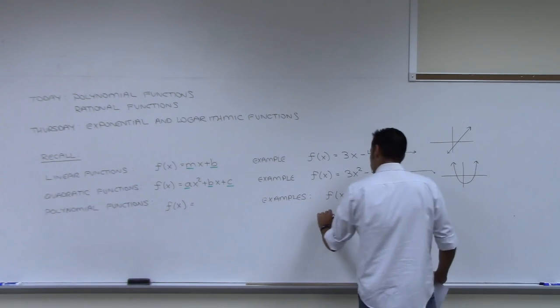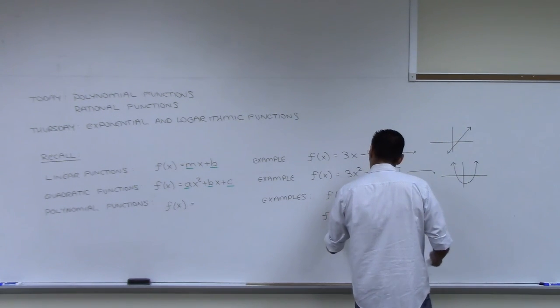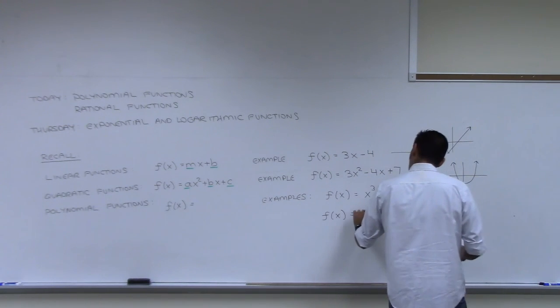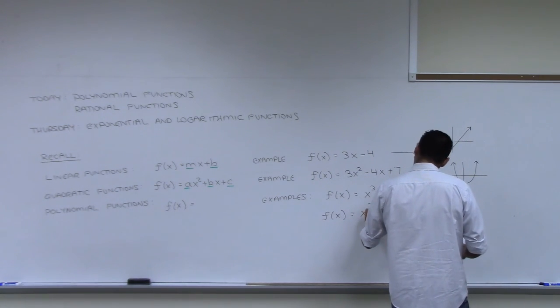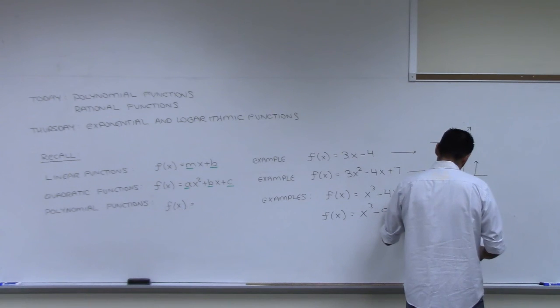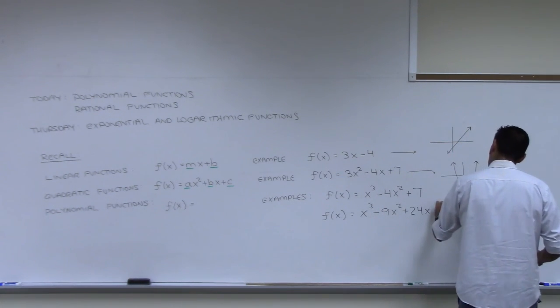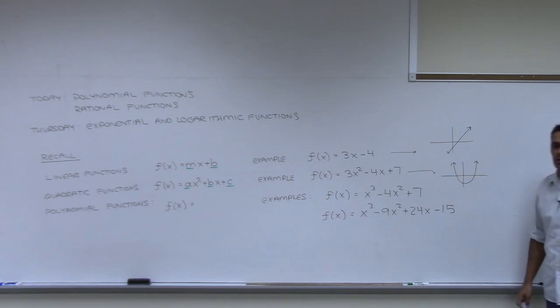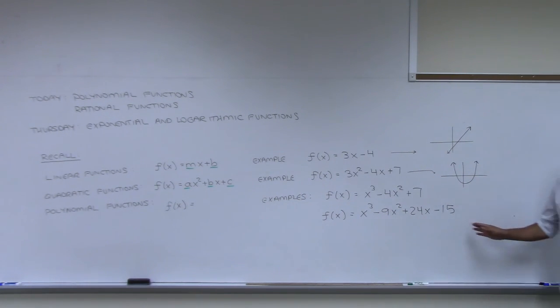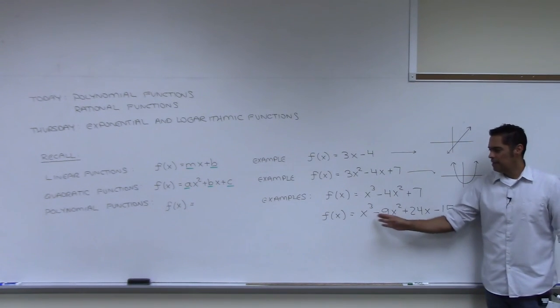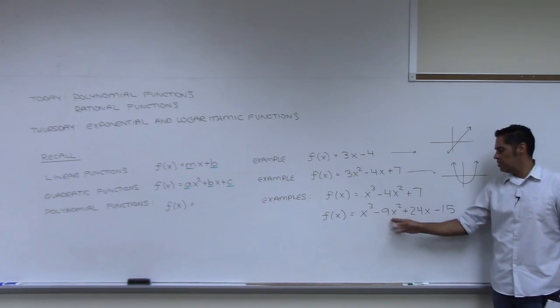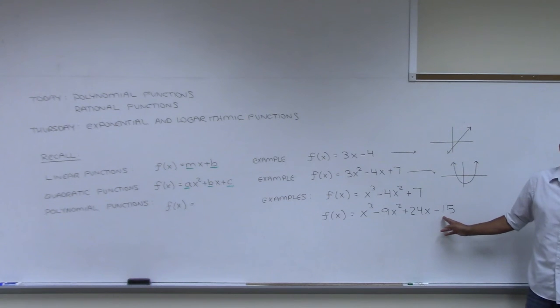Here's another example. X cubed minus 9x squared plus 24x minus 15. So again, many nomials. I have 4 of them, don't I? 1, 2, 3, 4. This is not a quadratic.